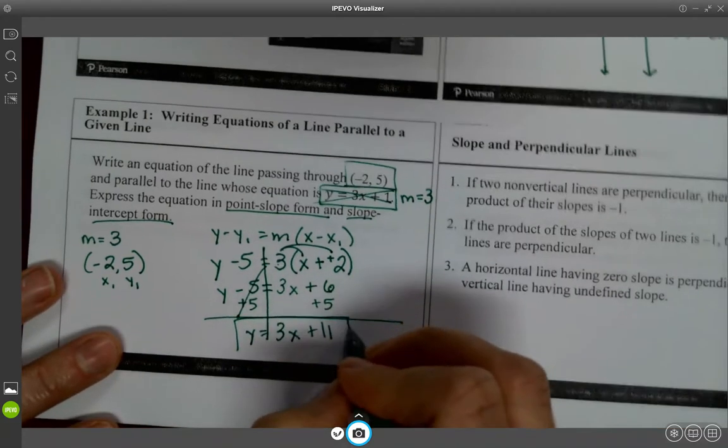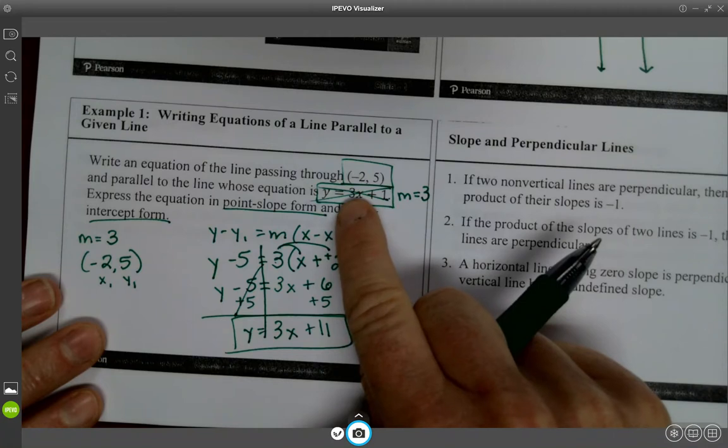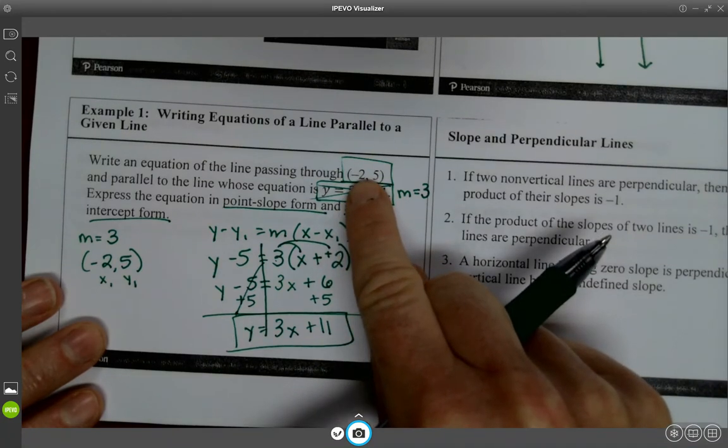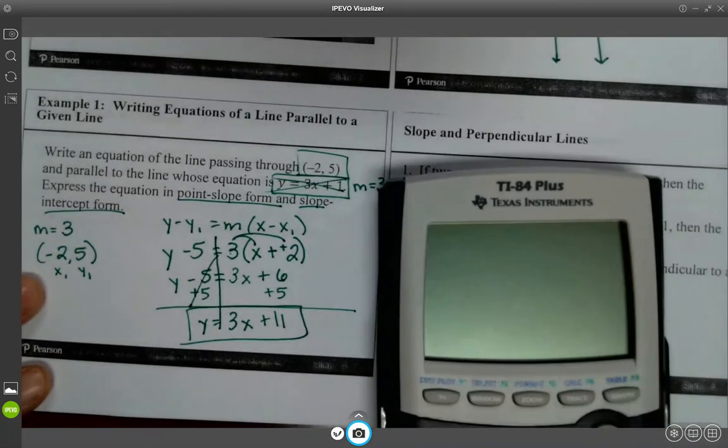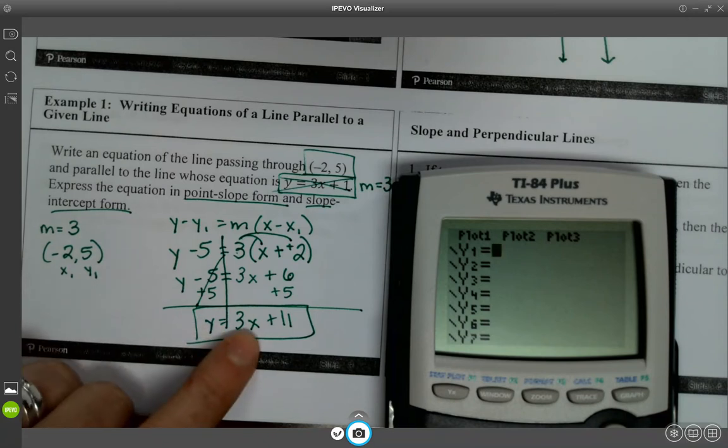This is the equation of the line that we've been asked to find. It's parallel to this one because they have the exact same slope, and it goes through this point. And a way that you can check your work is we can put in the equation. Let me clear out what I have. I can put in the 3x plus 11.